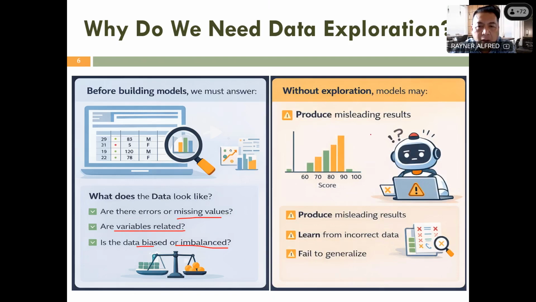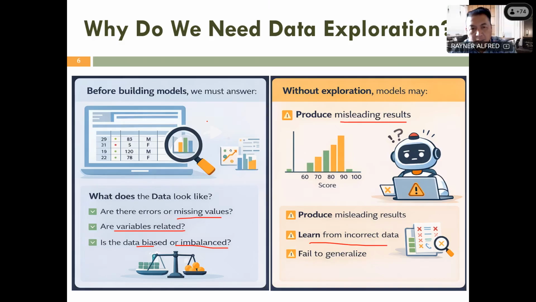We will have a model which produces misleading results, so inaccurate, or biased towards a certain population, because they are learning from incorrect data. And for that reason, they fail to generalize to the whole population.